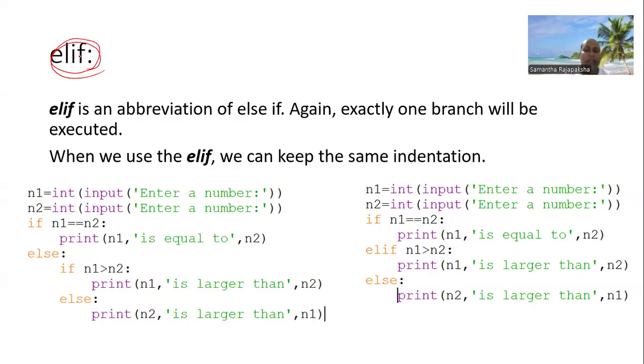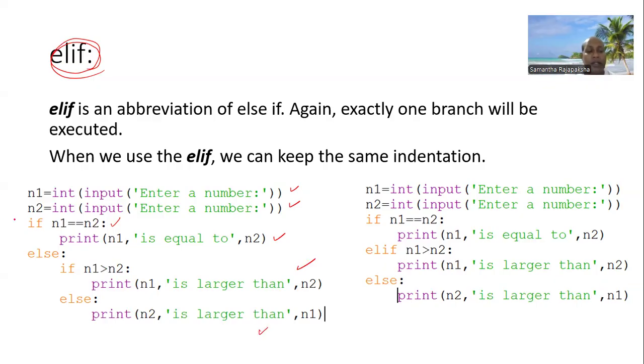Now, if you look at this example, I am taking the two inputs N1 and N2 and just comparing them. If they are equal, I just say N1 is equal to N2. Else, I compare N1 and N2. In that case, if N1 is larger than N2, you just say N1 is larger than N2. Else, you have to say N2 is larger than N1.